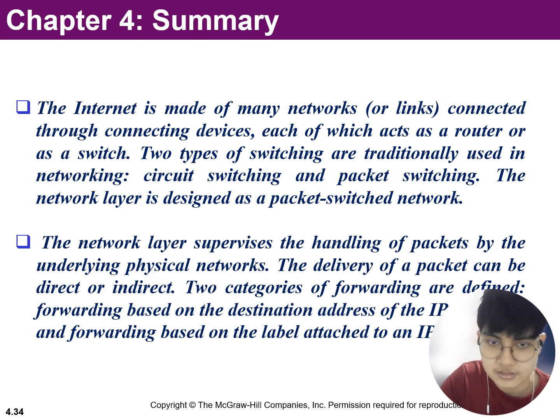The network layer supervises the handling of packets by the underlying physical network. Delivery of packets can be direct or indirect. Two categories of forwarding are defined: forwarding based on the destination address of the IP protocol, and forwarding based on the label.